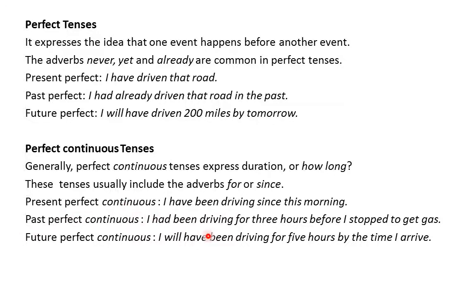I had been driving for 3 hours before I stopped to get gas. Past perfect continuous. I will have been driving for 5 hours by the time I arrive. Future perfect continuous. So something started before, and we don't know when it will finish, so we say, we have been driving.